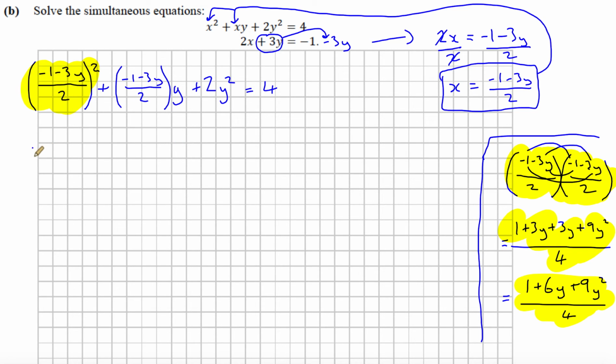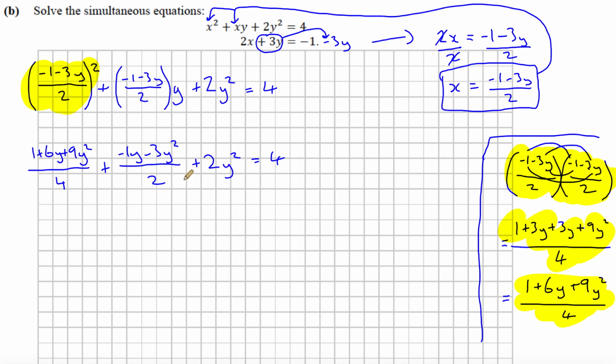So I'm going to just have 1 plus 6y plus 9y squared all over 4 plus, I'm going to multiply this y now by each of these, so on top I'm going to have minus 1y, and the y by the minus 3y is minus 3y squared all over 2, and then I'm going to have plus 2y squared is equal to 4. Okay, so now it's beginning to get tidied up a bit.